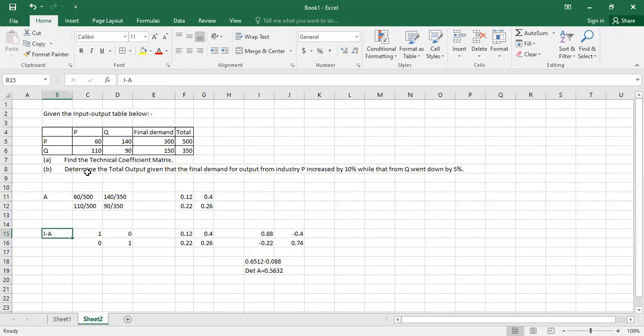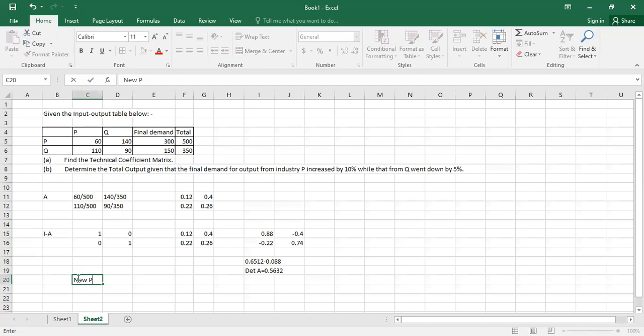But if you look at part B, we've been told to determine the total output, given that the final demand for output from industry P increased by 10% and that of industry Q went down by 5%. So our final demand for P was 300. We've been told it is going up by 10%.